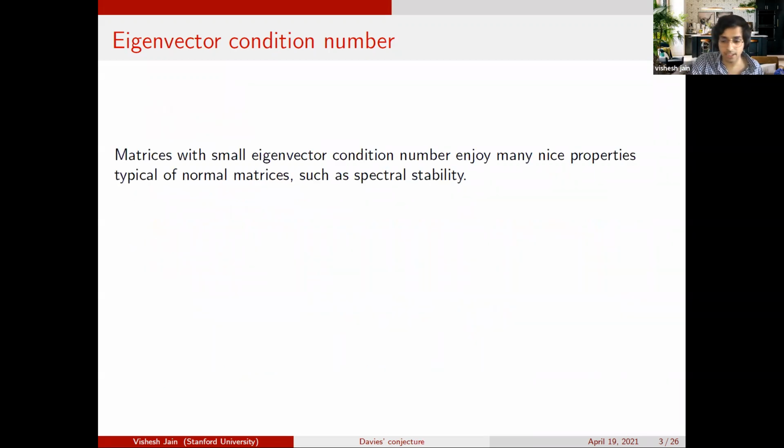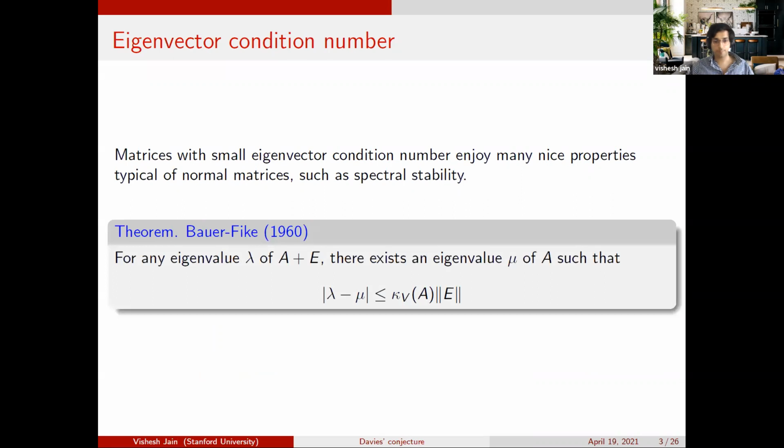The reason you care about something like this is that normal matrices enjoy many nice properties such as spectral stability, and here is a classical result by Bauer and Fike, which tells you that the eigenvector condition number controls how much your spectrum can move under perturbation. Let's see what this is saying.